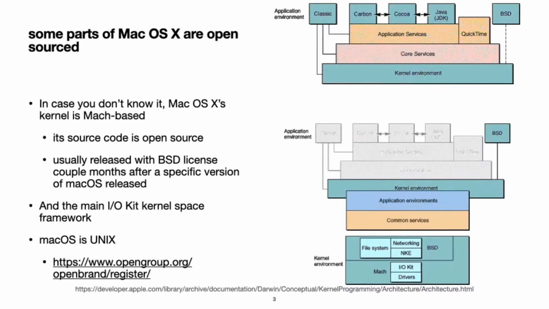Usually, newer source code of the macOS kernel is released with a BSD license a couple months after a specific version of macOS is released. And the framework part of IOKit, which is Apple's framework for writing kernel extensions, is open source. We'll talk more about the IOKit later.